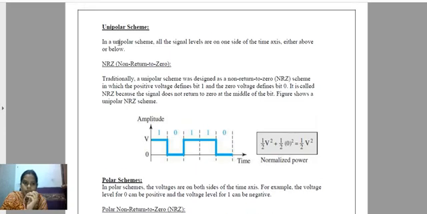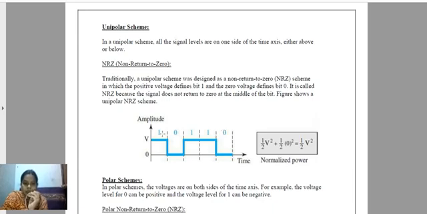In the unipolar scheme, as the name suggests, it has one polarity. That means the signal is represented on one coordinate only.